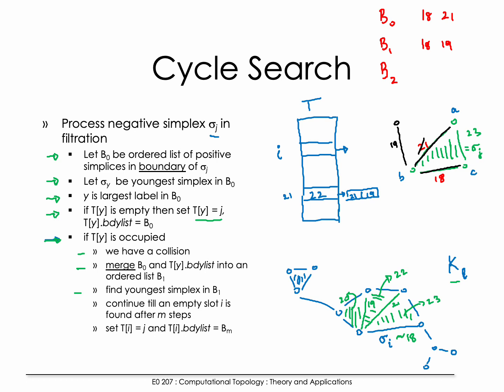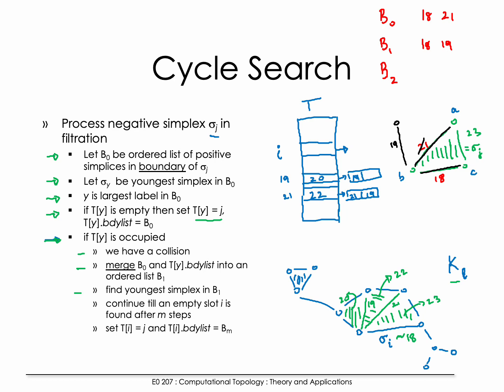So the boundary list at 19 is paired with 20, right? And it has its own boundary list, right? That contains 19 and possibly one more of the edges. I'm guessing that the other two edges on the boundary of the triangle 20 are negative.